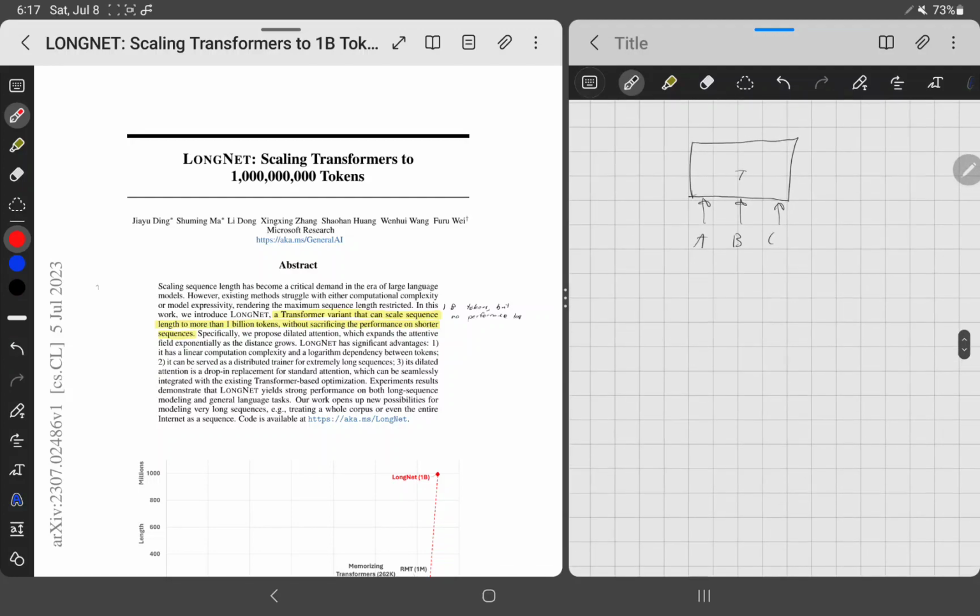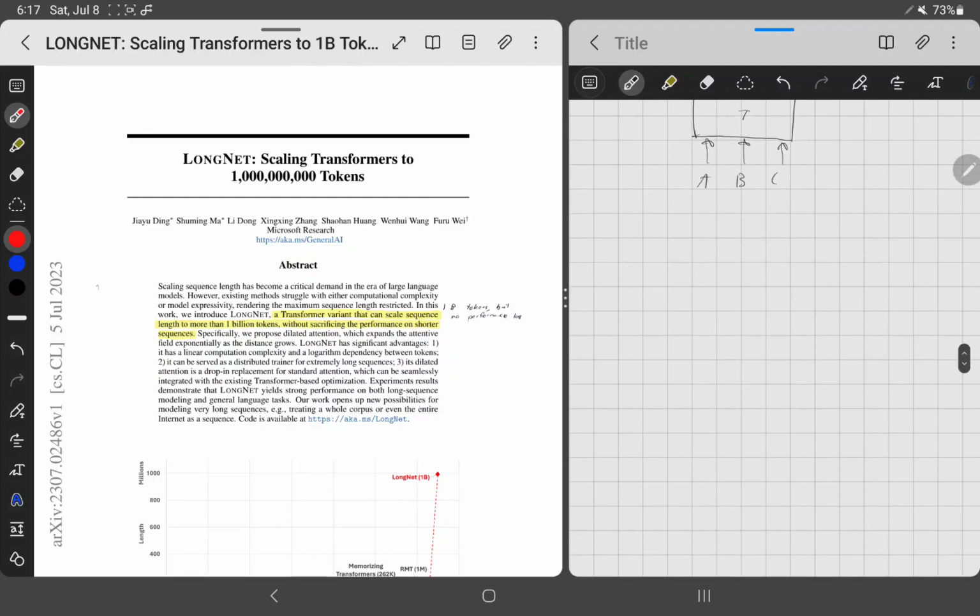So what's one way to approach this? Method one may be, okay, so we know our attention matrix is equal to the softmax of queries keys transpose. What if we were to approximate this? Some approximation methods have used the kernel trick, where you have two functions. So you can approximate your softmax function, or your attention matrix, using the kernel trick.